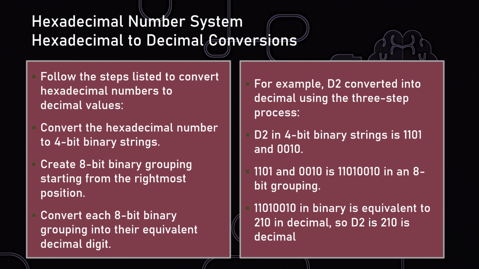So this is 128 plus 64 plus 16, because we're skipping 32, we're skipping 8, we're skipping 4, and we're adding 2. And then we've got the 0 at the end. So 128 plus 2 is 130, and then 64 plus 16 is 80. So if we have 130 plus 80, that's 180 plus 30, or 210. So that's how we get 210 in decimal.